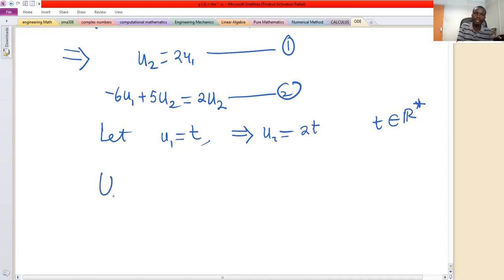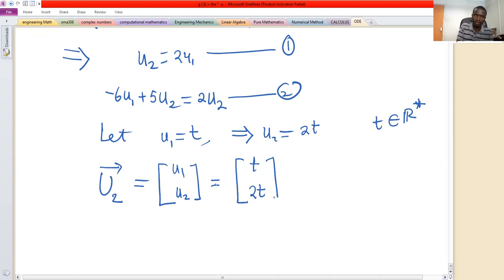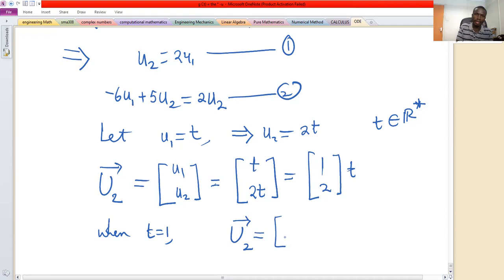So the vector u2, which we have given as u1, u2, will be t, 2t. We factor out t: 1, 2, t. And when we pick t to be 1, we pick our eigenvector as 1, 2.